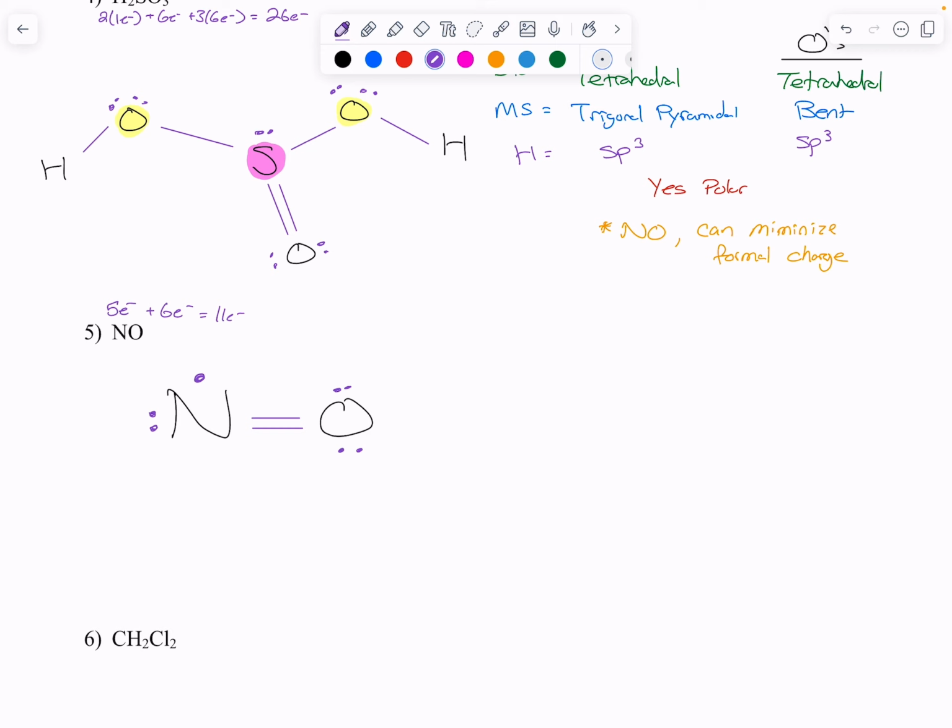Now, I could have, let's use black. And we could do it this way. Right? What's the difference? Where the unpaired electron, the radical is, right? The best one is here because there's no formal charge. And here's -1, +1. So the formal charge is not as happy.